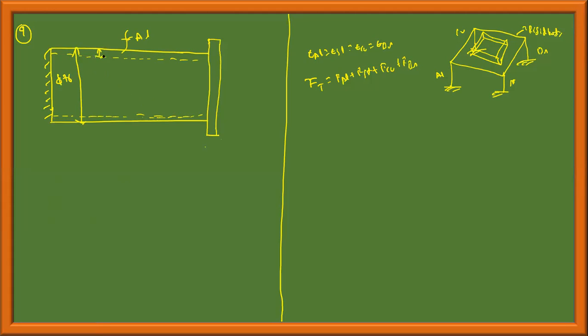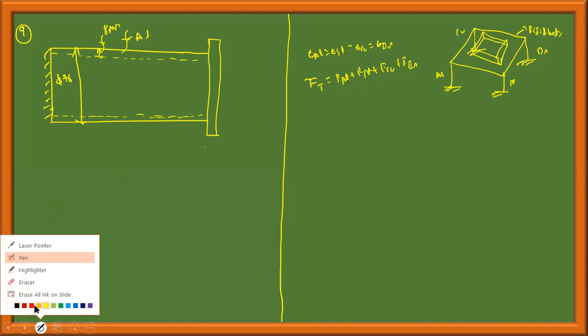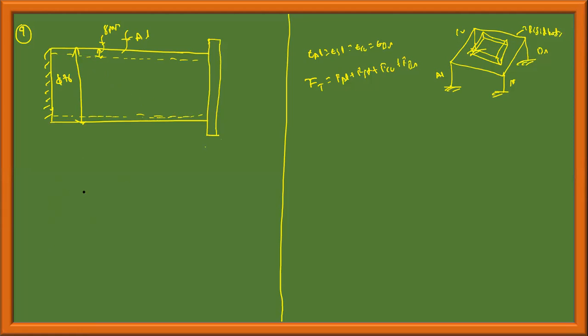The thickness is 8 mm, and inside this aluminum tube there is a steel shaft of diameter 50 mm. The length is the same, 500 mm.